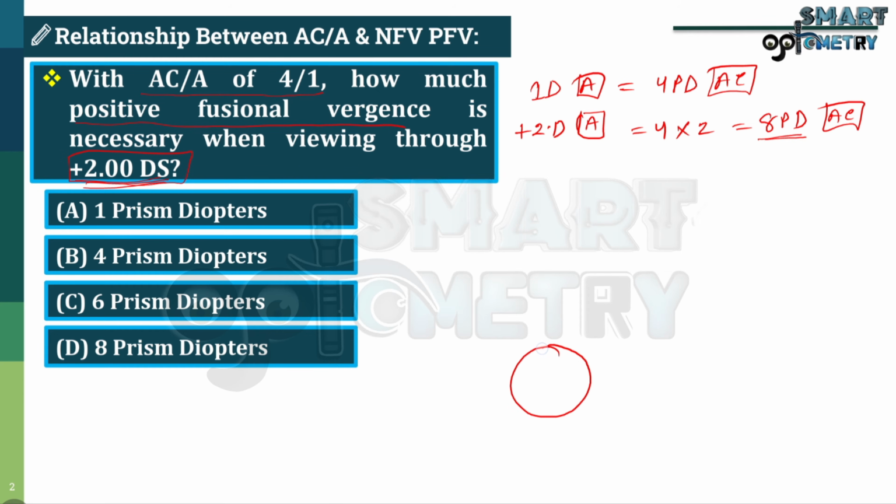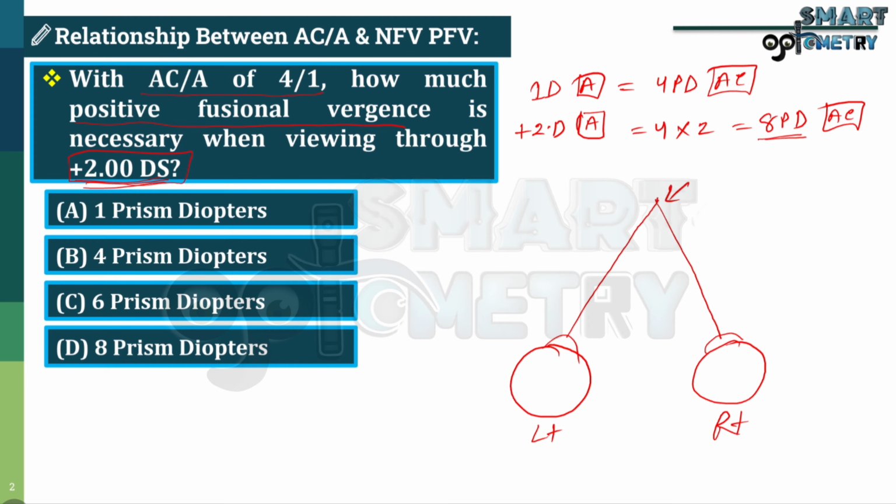Let's understand this. If this is our left eye and this is our right eye, suppose both these eyes are focusing here, this is a near point.